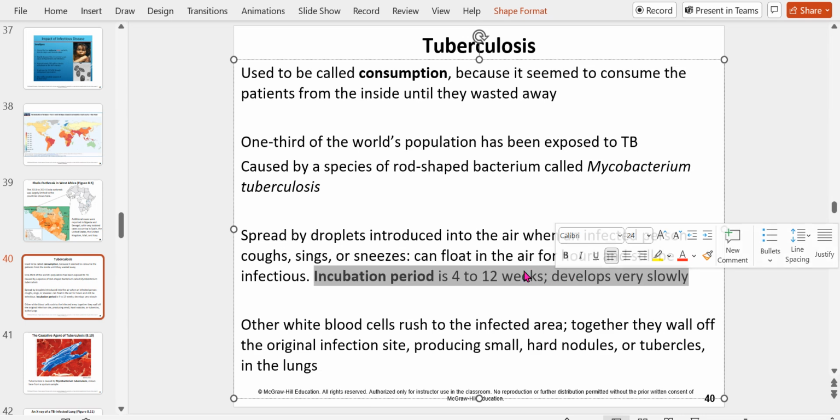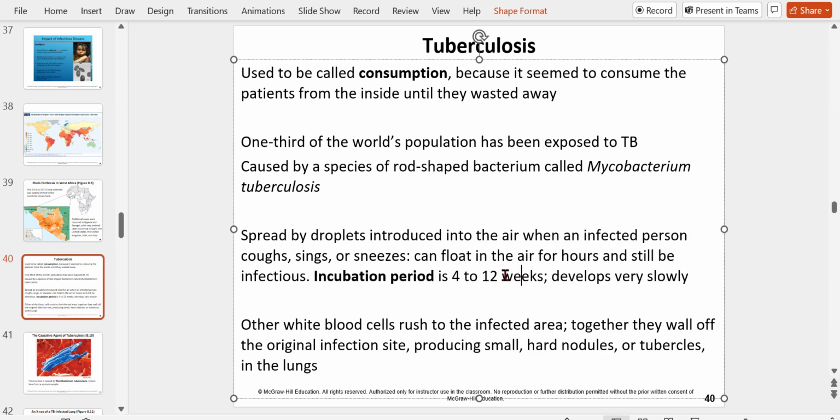It develops very slowly. If you go and get a chest x-ray, x-rays only detect hard tissue, so with a healthy set of lungs you shouldn't see anything. But lungs that have been exposed to tuberculosis actually show up on an x-ray because the tuberculosis creates these hardening nodules within the lungs themselves.